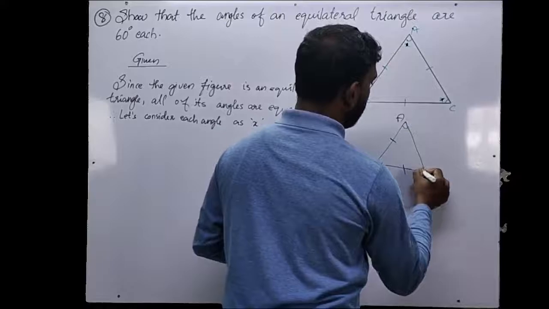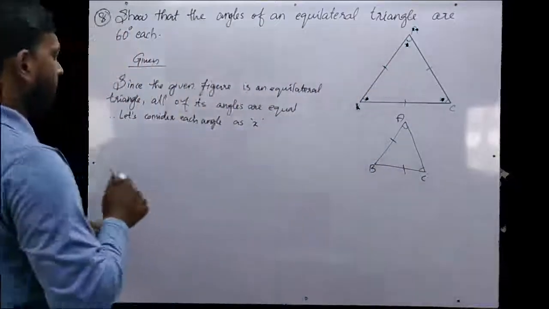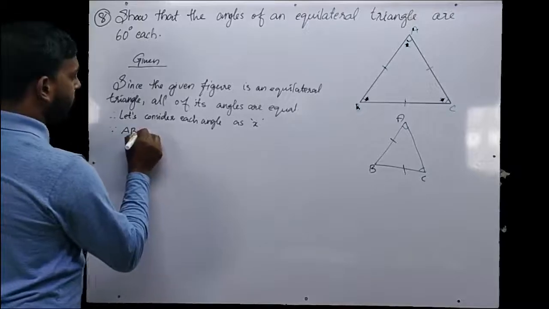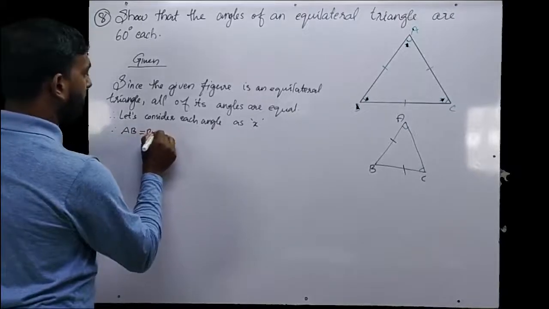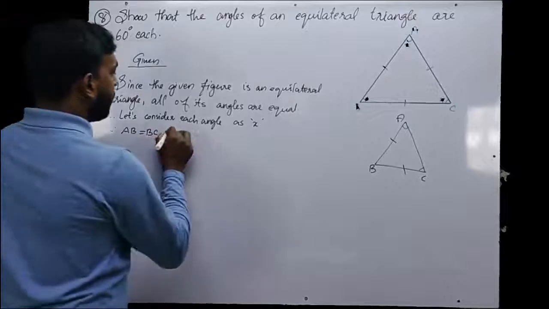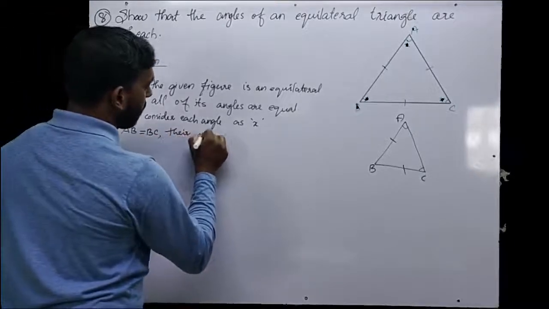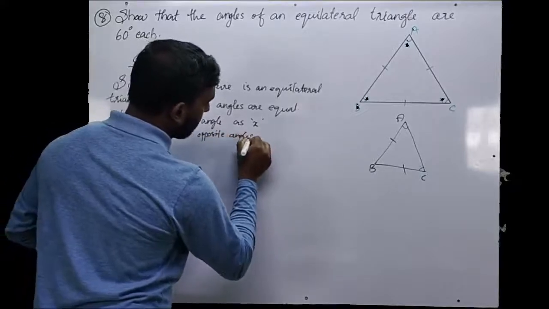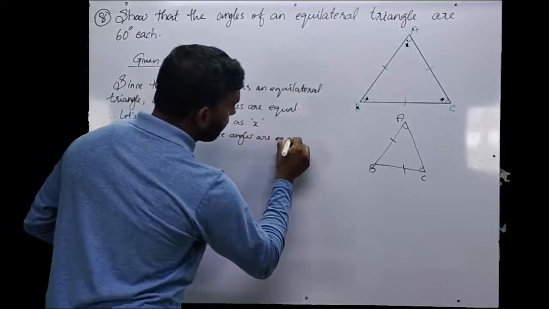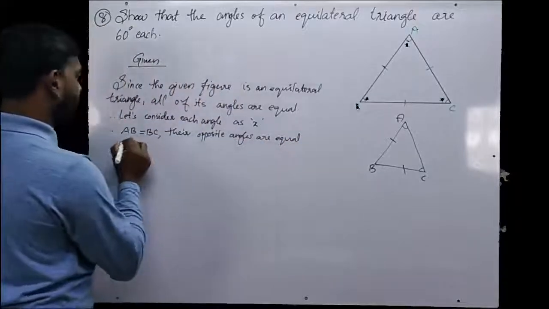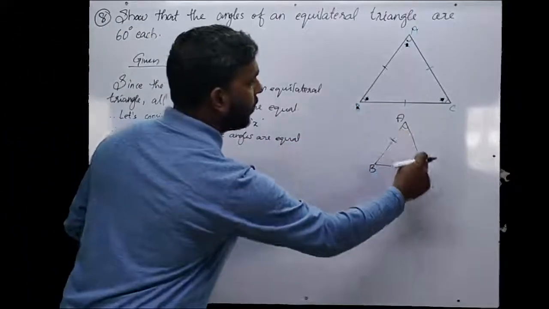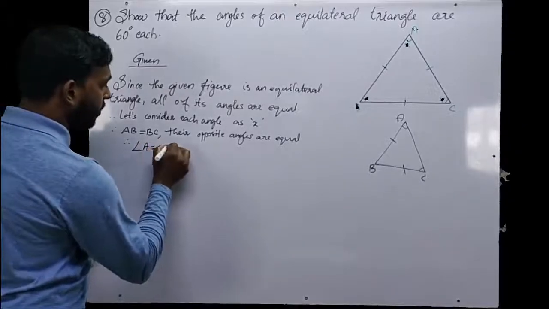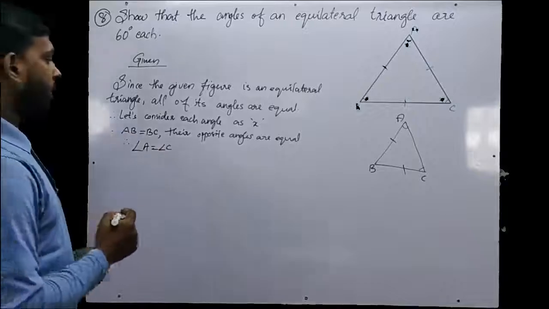Since AB is equal to BC, their opposite angles are equal. Therefore, we can say that angle A is equal to angle C. So we have understood that.